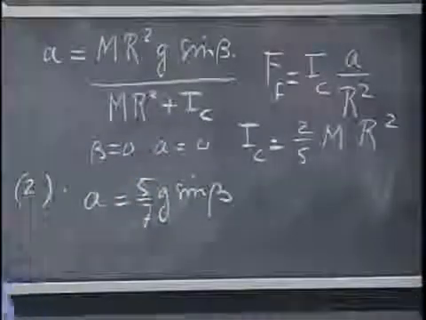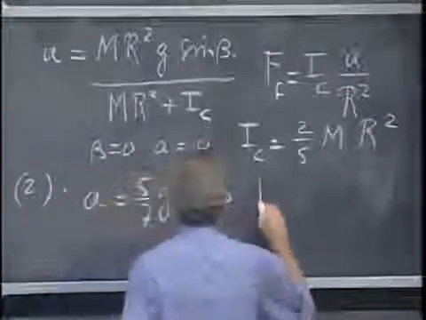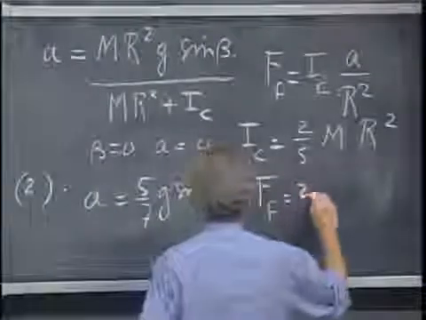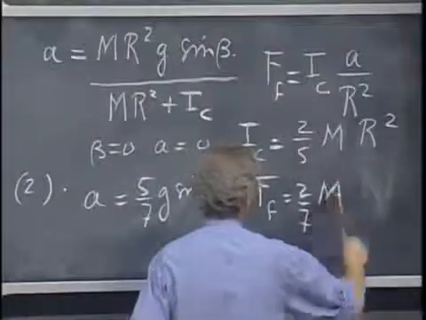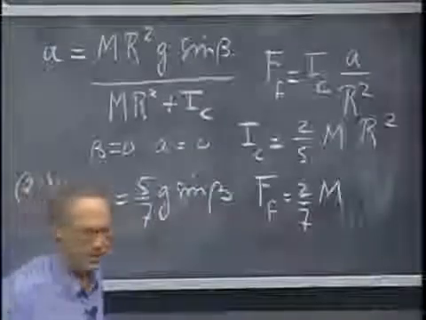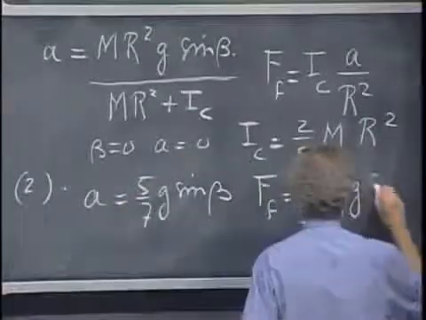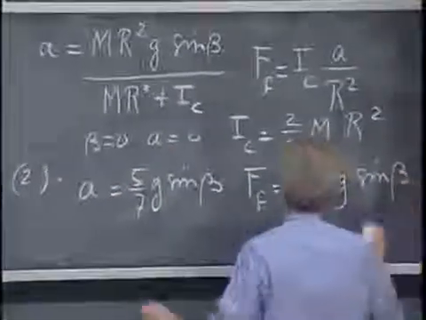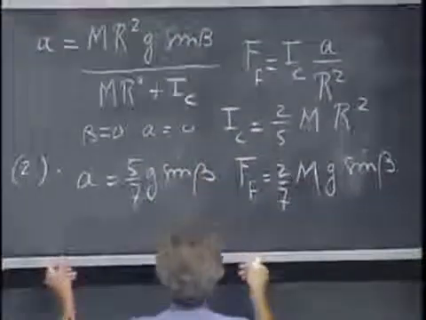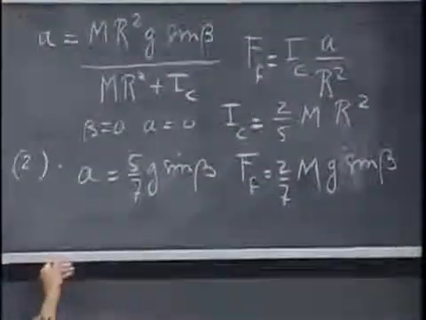And I find that the frictional force, F of F, equals 2/7, I believe, times mg sine beta. Indeed. These are the results by substituting the moment of inertia in there.